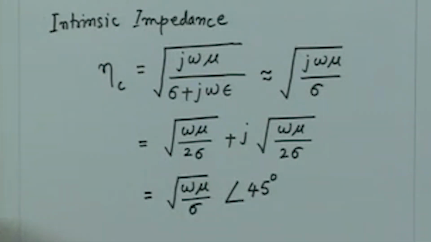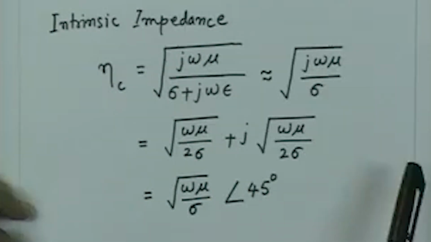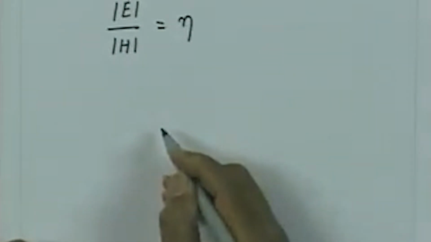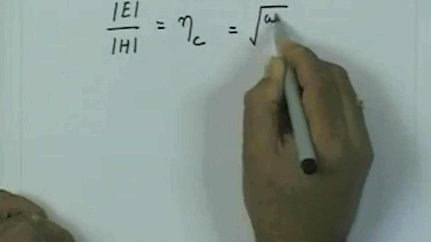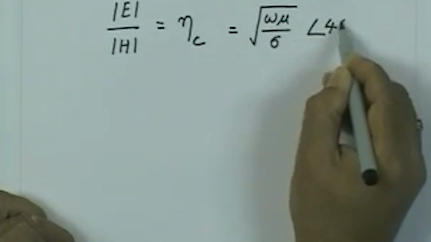If you recall, the electric and magnetic fields in a medium are related by this quantity, the intrinsic impedance of the medium. We have seen for a dielectric medium that the magnitudes of the electric field and the magnetic field are related by eta. So in this case, again, the ratio will be equal to the intrinsic impedance of the medium, which is the square root of omega mu upon sigma, angle 45 degrees.